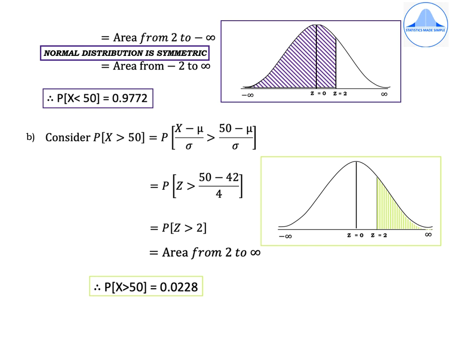That means you have to shade from 2 to infinity like I have done in green color. So now whatever area you have shaded, you have to write in words, which is nothing but area from 2 to infinity. So area from 2 to infinity we can find out directly from the table, and so you will get probability of x greater than 50 is 0.0228.